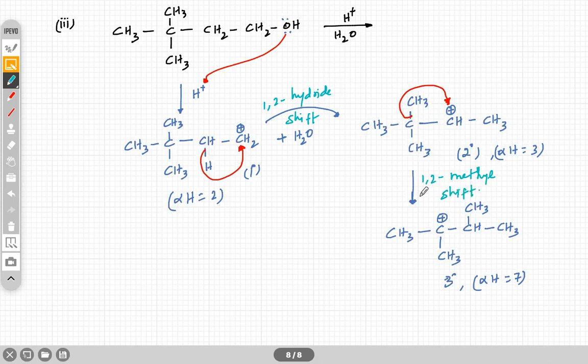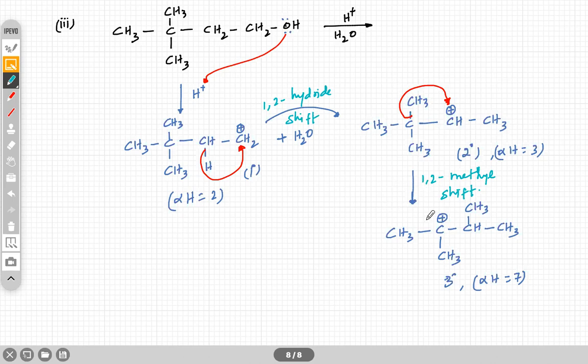So this kind of multiple shifting is possible in a molecule. The objective is to get a more stable carbocation in each step. After each shifting, you should get a more stable carbocation, then only it's possible, right?